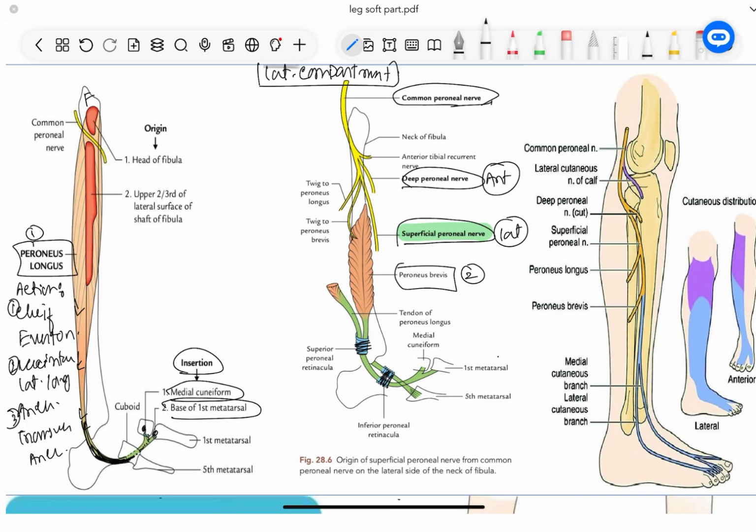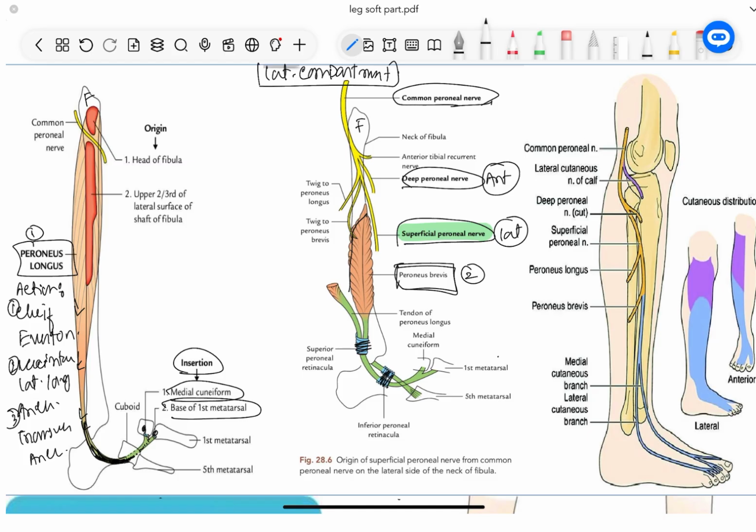Now come to the next muscle, the peroneus brevis. Where is it originating from? Let us see. The peroneus brevis originates from the lower two-thirds of the lateral surface of the shaft of the fibula, and the intermuscular septum also. So it is a little shorter muscle compared with the peroneus longus. Where does it get inserted?